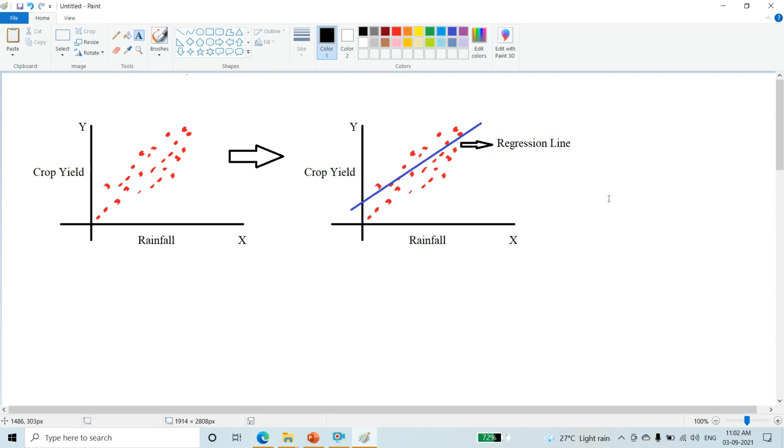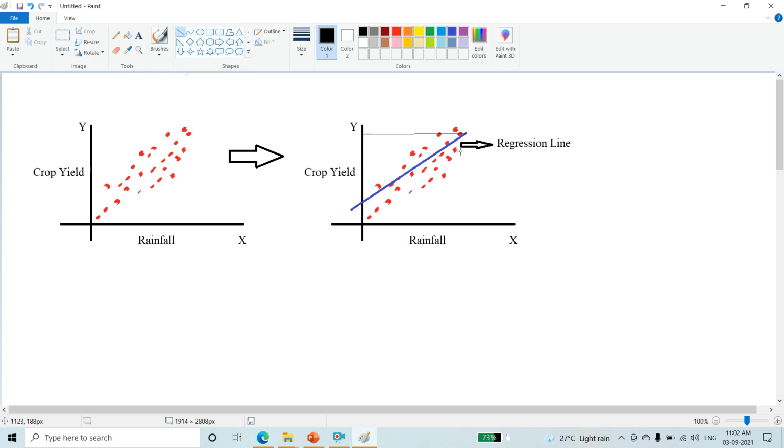Here I will draw a slope from this point to this.